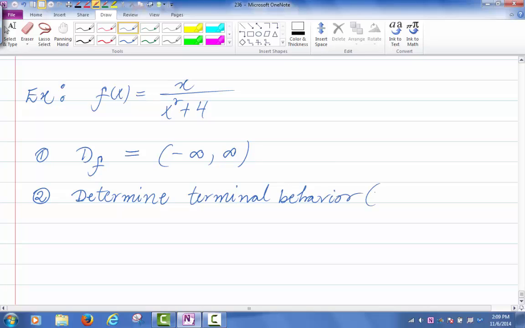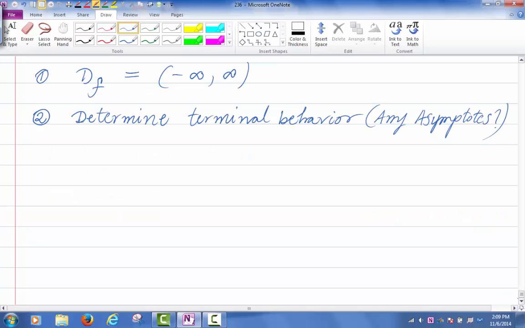And at the same time, you will see that when you try to do that, you will come up with whether you have any asymptotes. Terminal behavior means the domain is from negative infinity to infinity. So I want to know what is happening at infinity and what is happening at negative infinity.